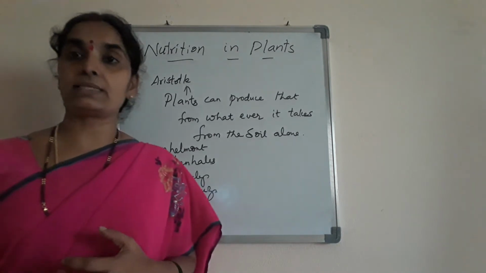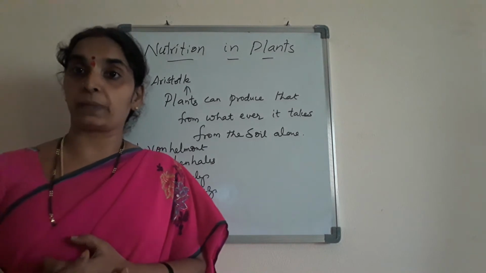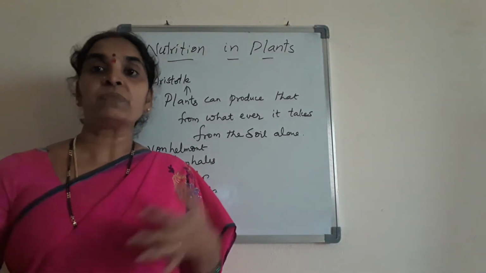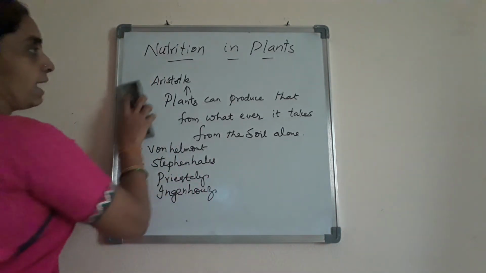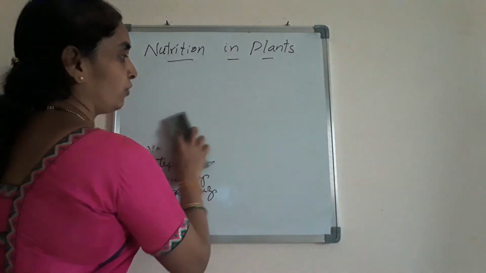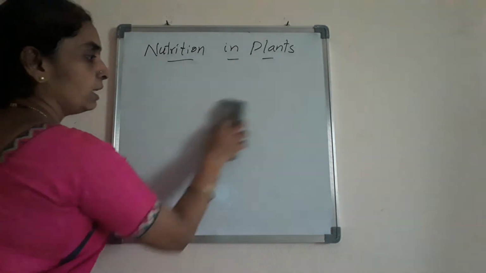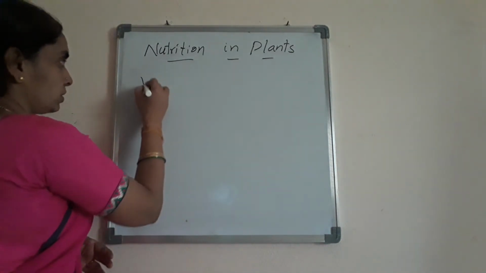By the works of these scientists, it came to light how the plants prepare their food and how they take their food. We see one by one now who has explained about nutrition in plants, how the plants take in their food. At first, about van Helmont.